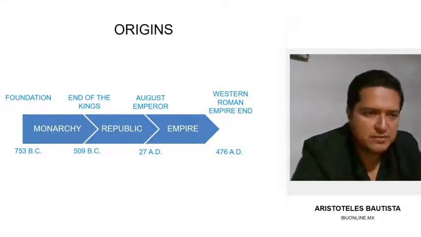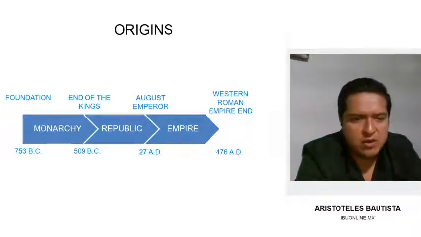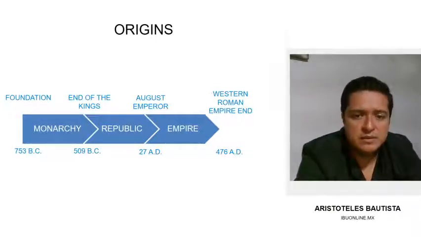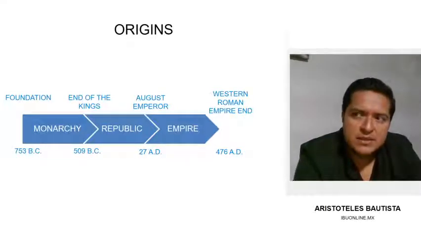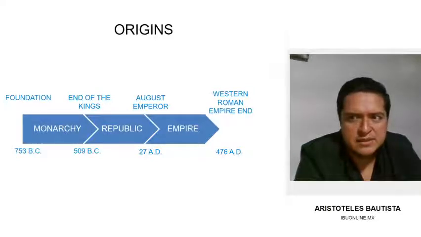The second one was in 509 before Christ. That was the start of the Republic era, and the last one started in 27 before Christ. That's the age of empire.